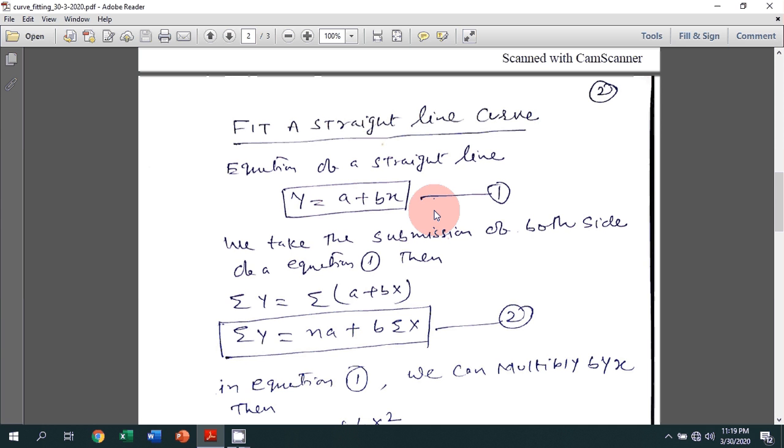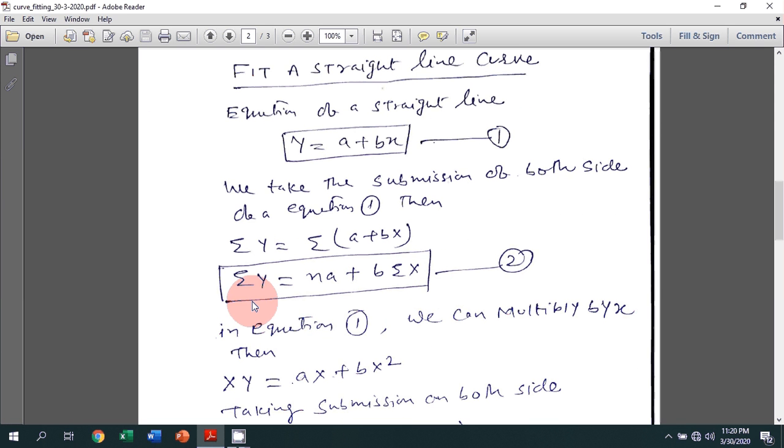So for doing this, we take the summation of both sides of equation 1, then Σy = Σ(a + bx), and Σy = na + bΣx, where n is the number of available data in the given table.